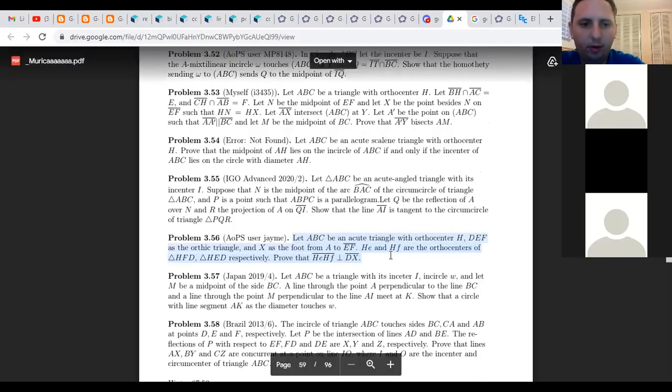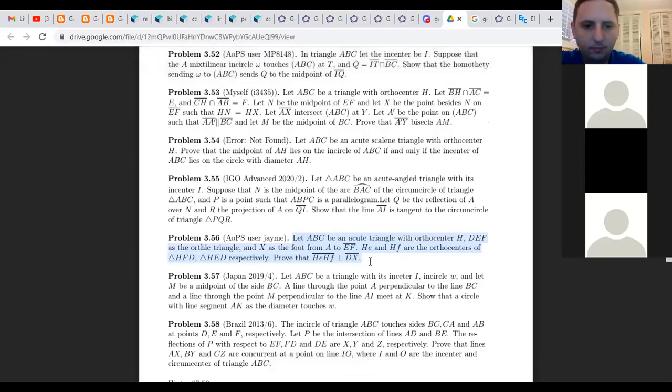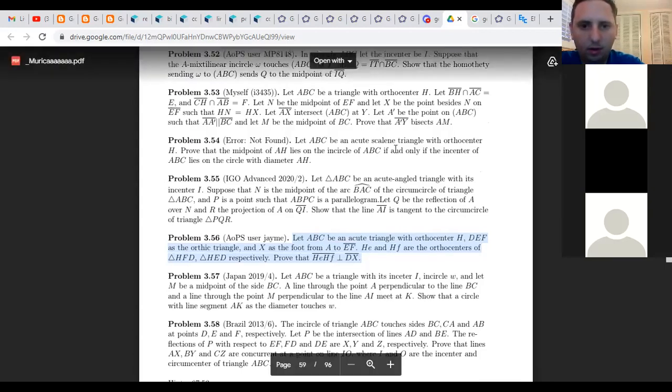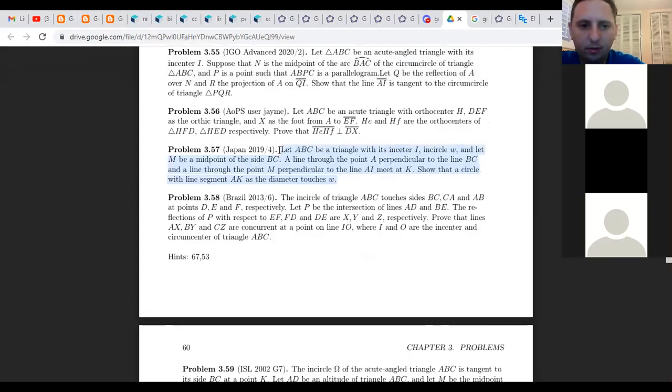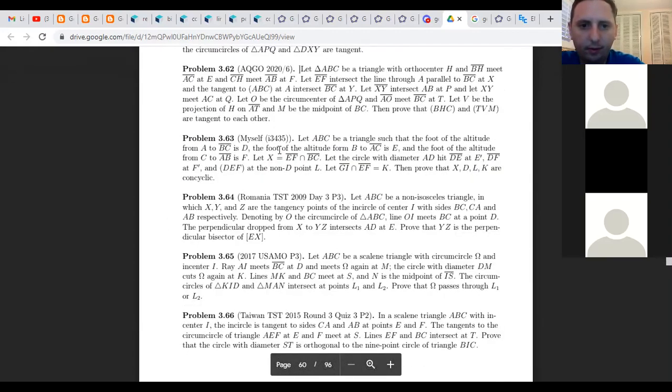Have you guys seen this one before? What is the Arctic triangle? What does that mean? Oh, we did that in a session. Okay. What about this one? Let's see if we can find a new one. Okay, this one I don't think we've done, so I'm going to try this one.